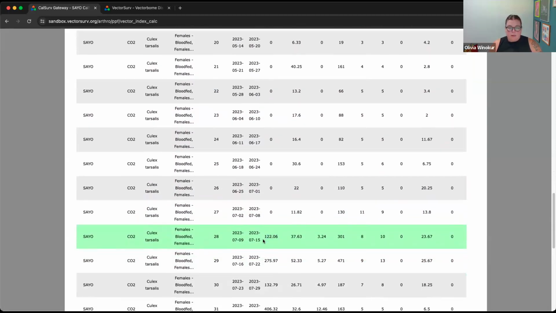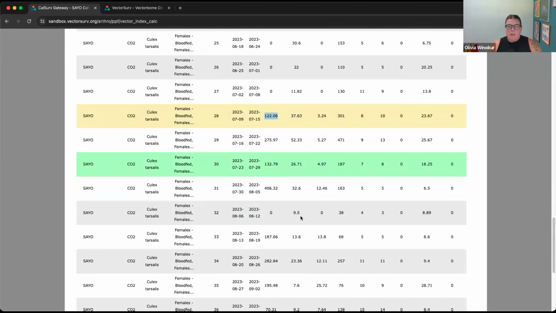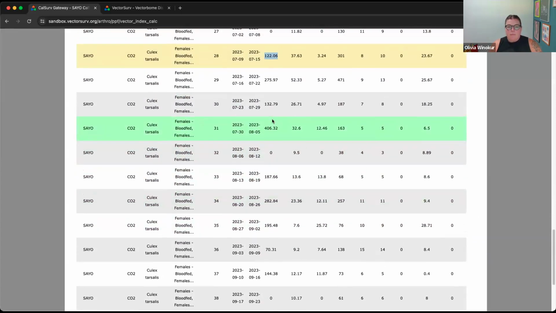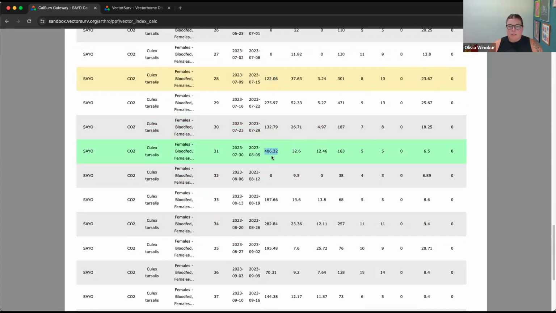So this is telling me that 122 mosquitoes per trap night per 1,000 tested are positive for West Nile virus. So to make this a little easier, let's look at a number like, let's say the number is 406.